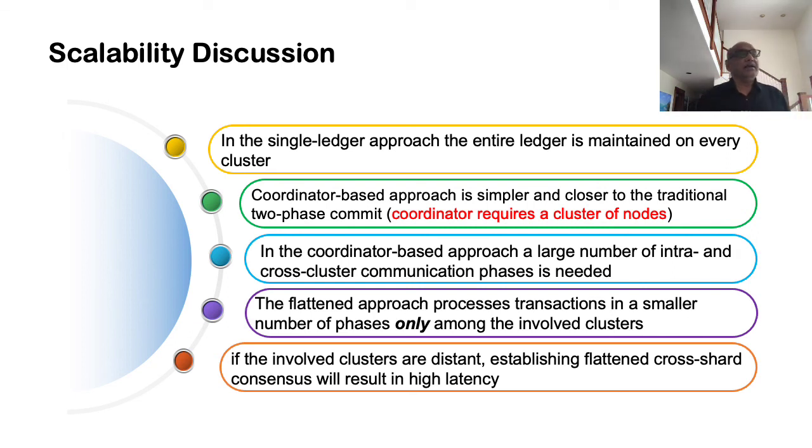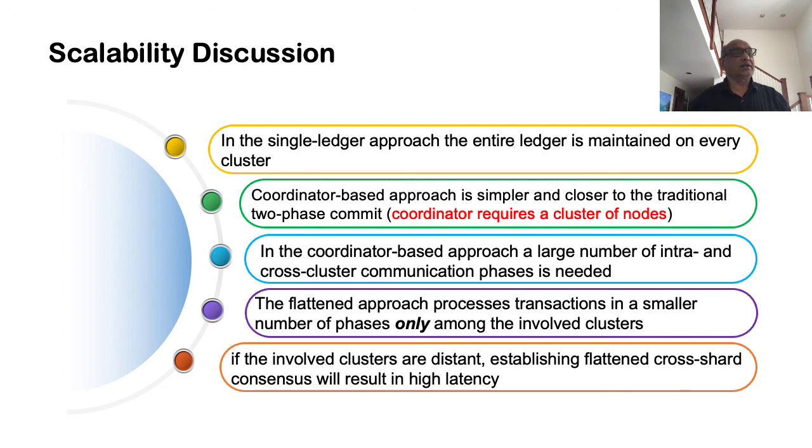Clearly, maintaining a single ledger has its own limitation, and that was addressed in the technique I presented as the AHL technique. Here, you not only partitioned the network, you also sharded the ledger itself into different clusters, so a mapping of shards to clusters was maintained.